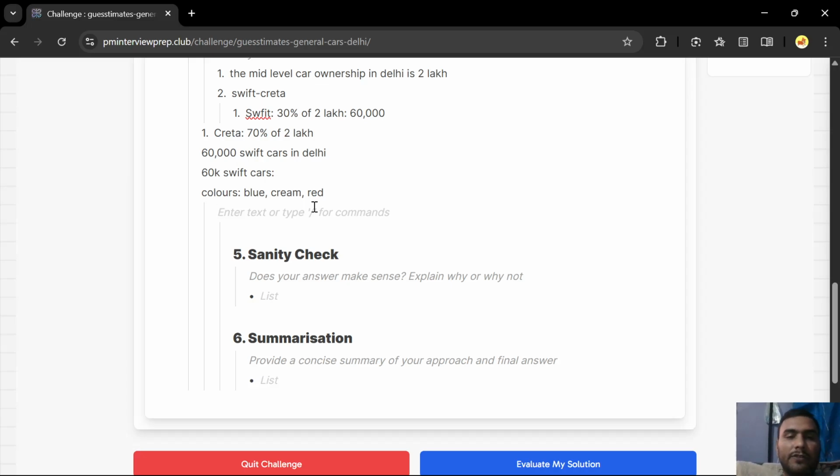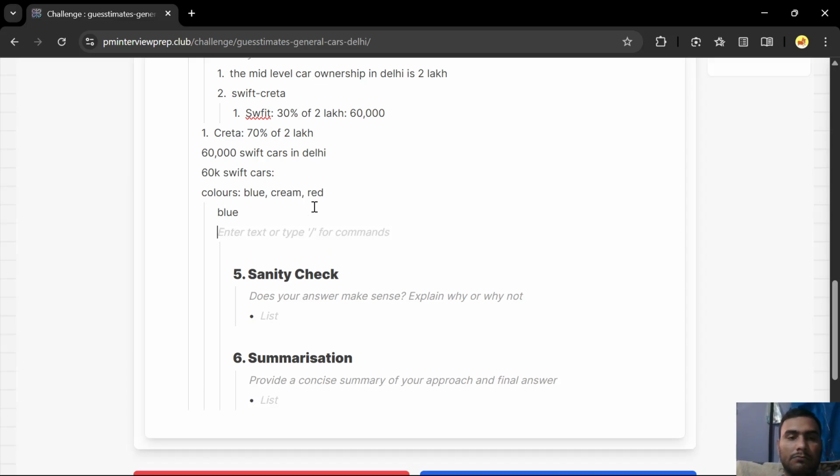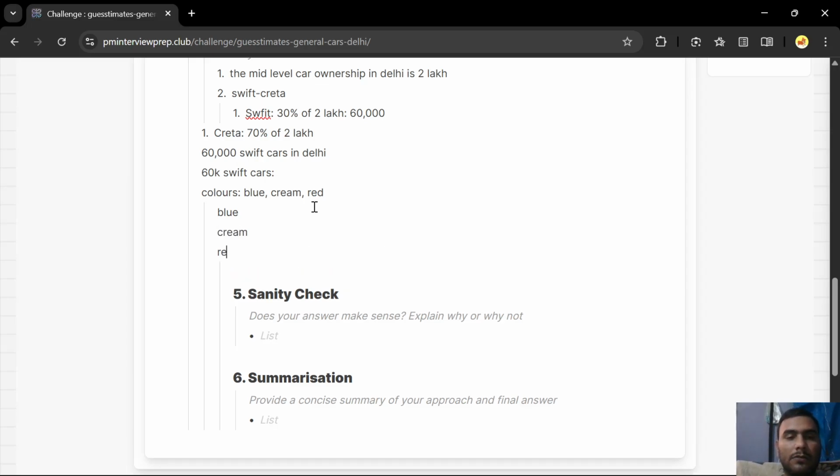So just by assumption, I will give a number to these three colors, and it is just based on my observation. Let's say I've seen very few cars of blue color.